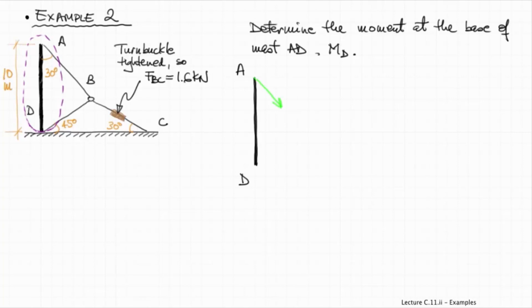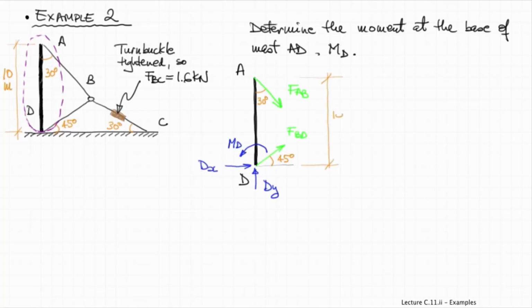We have to replace what we removed with internal forces, and that would be the tension force in cable AB, making an angle of 30 degrees with the pole, the tension force in cable BD, and this force makes an angle of 45 degrees with the horizontal, and the internal forces at the fixed support at D, Dx, Dy, and MD. As you can see, I'm showing all these 3 forces with their positive directions.